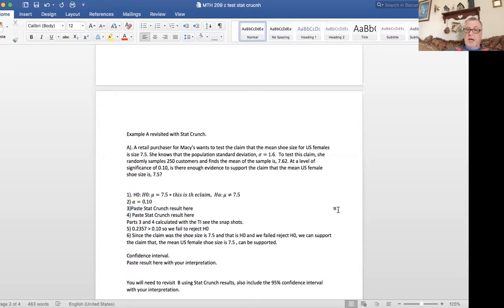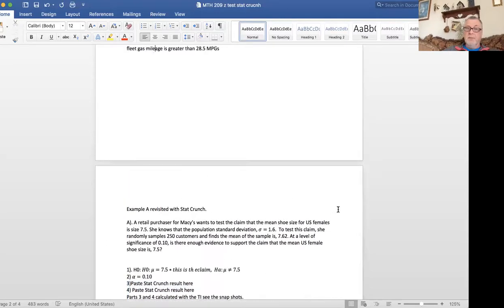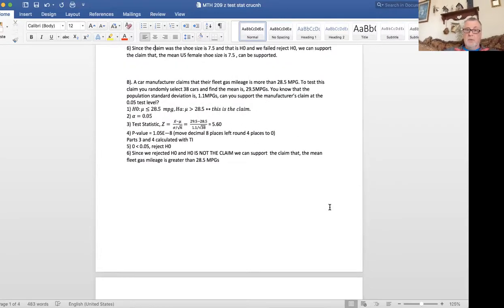There was a second problem in this review. The second problem was B, and it dealt with car manufacturer and gas mileage. They claimed it was more than 28.5 miles per gallon. You have a random sample of 38 cars. The mean of that sample was 29.5 miles per gallon.